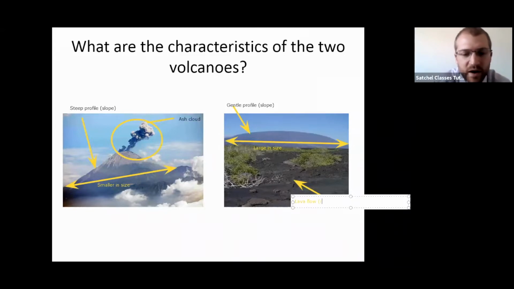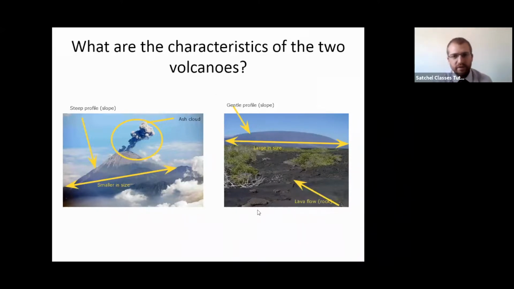It's created our rock on the ground. So these are some of the key characteristics that will differentiate between our two main volcano types. What we'll go on to do is name them. We'll delve a little bit further into that in a moment.